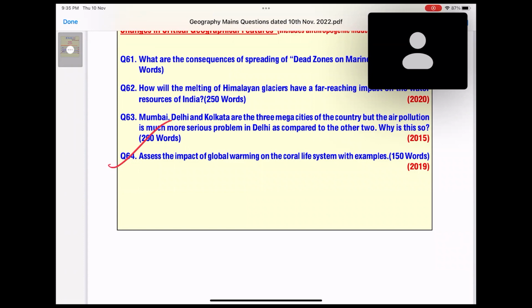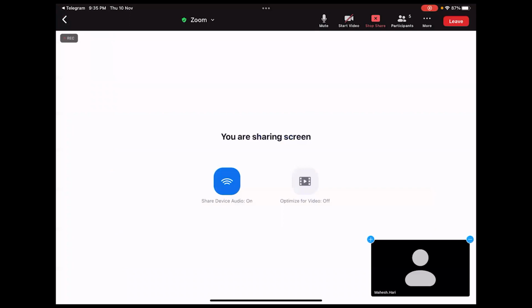Sir, can we add the point saying that Delhi is the capital from medieval times, but these two cities are developed just in 19th century. No. From medieval age, we are not having pollution, right? Sir, means population density is more, no, sir.